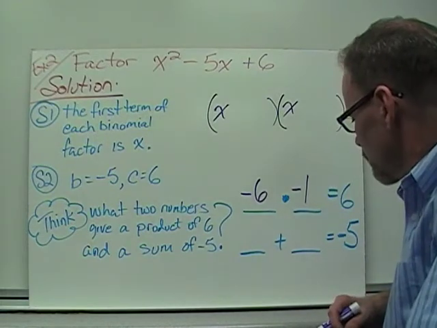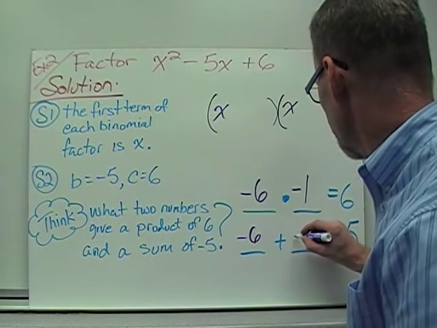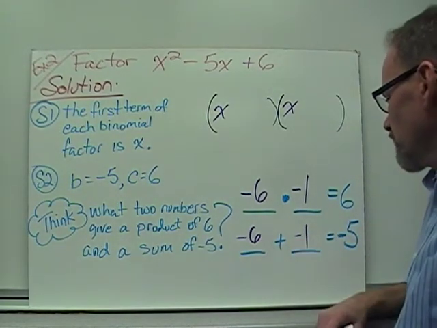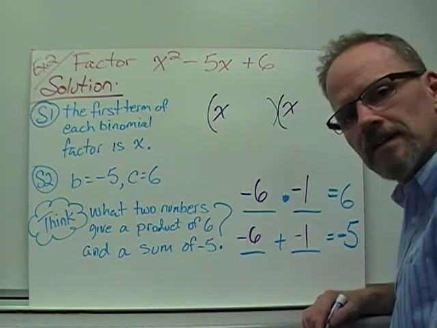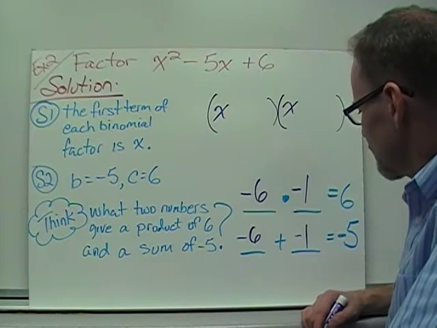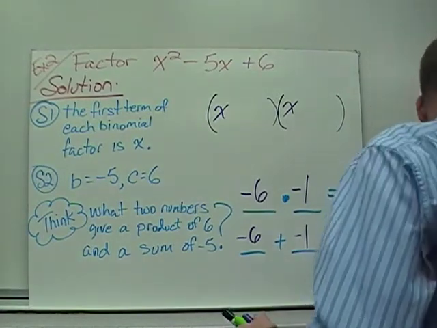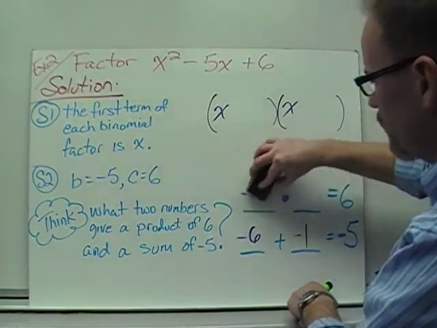It would. Would it give me the same thing down here? -6 plus -1, and it wouldn't. That would give me actually -7. So that didn't work. That one did not work. So I'm going to erase that.